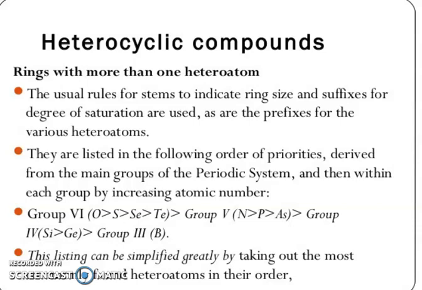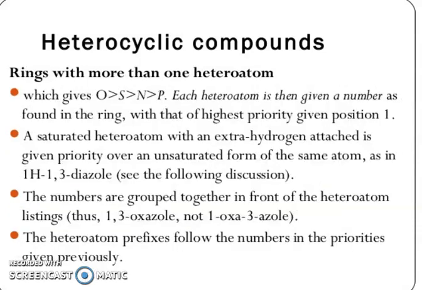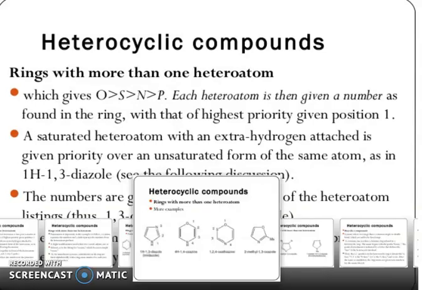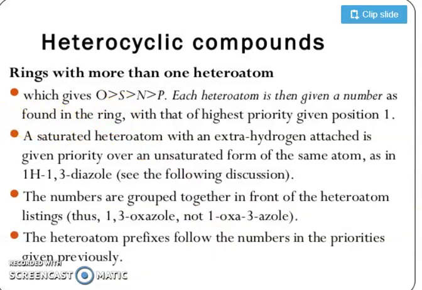So group 6, then group 5, then group 4, and then group 3. This listing can be simplified greatly by taking out the most commonly found heteroatoms in their order. So the order is oxygen, sulfur, nitrogen, phosphorus.